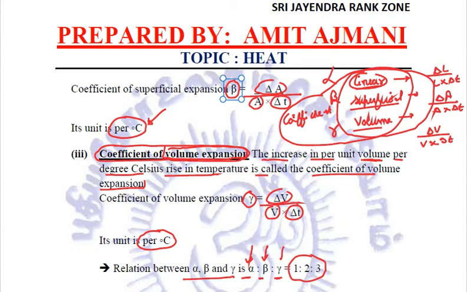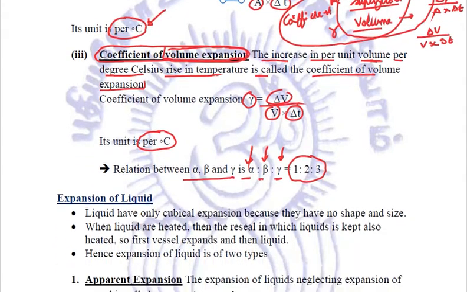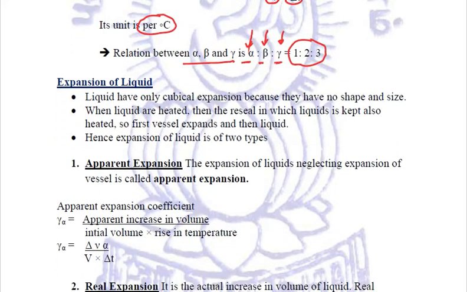And if there is an expansion volume-wise, obviously it will be triple the original length increase. So this is the relation between these three coefficients, and this is our expansion in solids. Now let's come to the next topic, which is expansion of liquids.